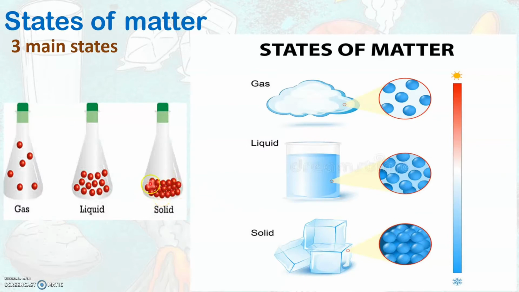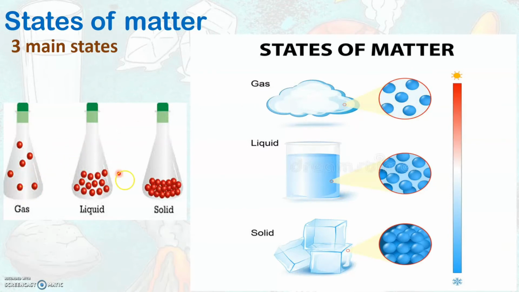While in case of a liquid state, these tiny particles are slightly far apart, like how you see here in this picture. But in case of the gaseous state, these tiny particles are very far from each other, or otherwise, we say that they are far apart from each other.